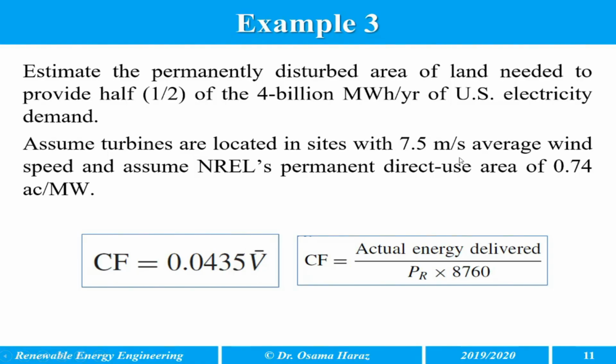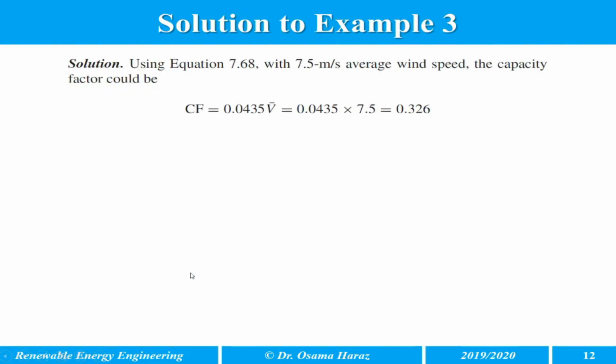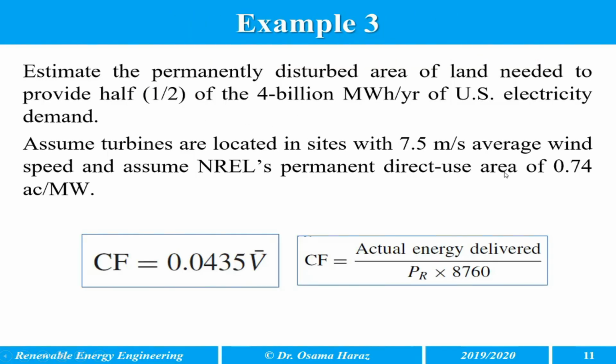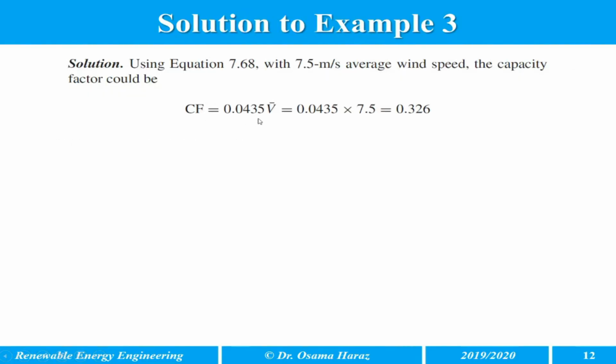So if you know the average wind speed, you can calculate the CF. Once you know CF and the rated power, you can calculate the actual energy delivered. When the average wind speed is given as 7.5, 7.5 times this will give you 0.326 CF.